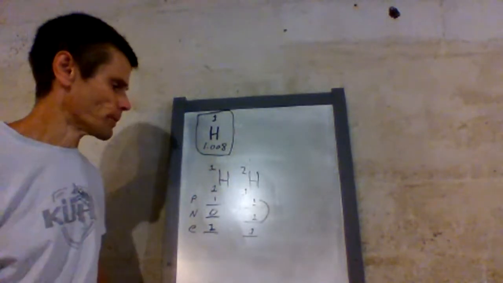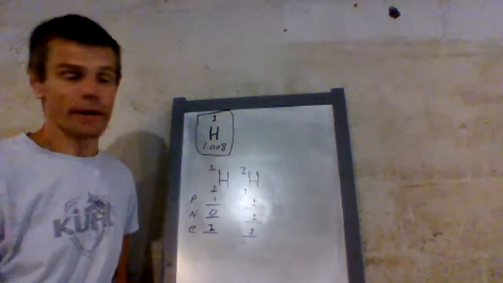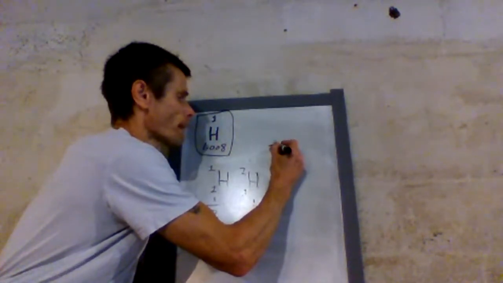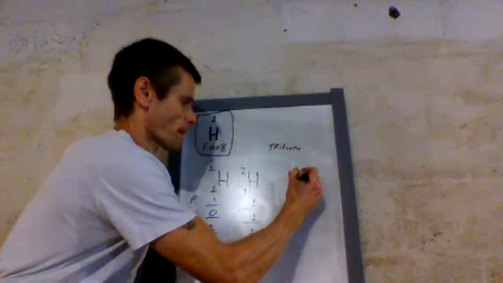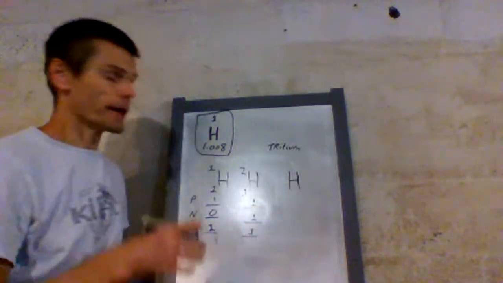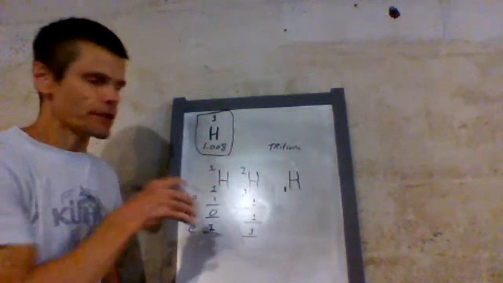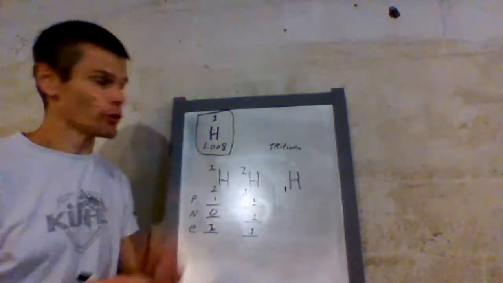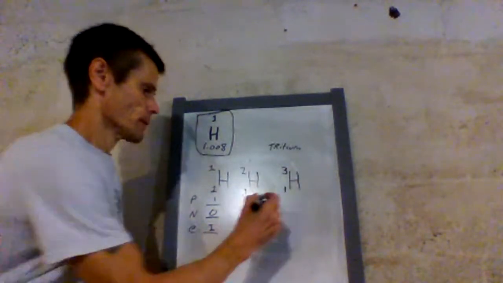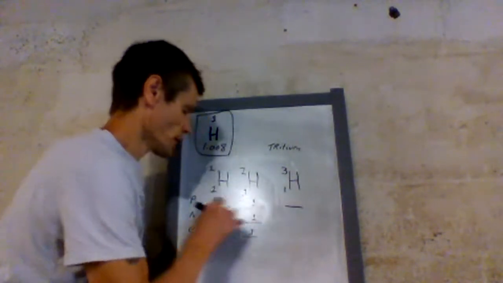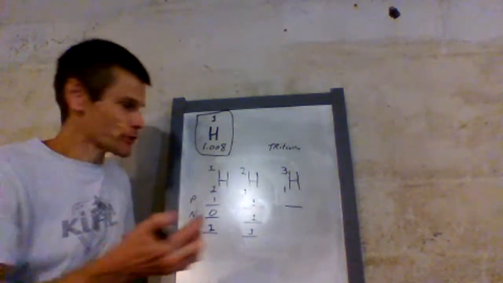A third isotope of hydrogen that's fairly common is known as tritium. Since it's an atom of hydrogen, it has a single proton, but this particular isotope has 2 neutrons. So it has a mass number of 3. Let's maintain our table. It's an isotope of hydrogen.